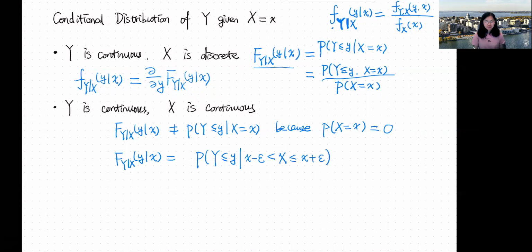But you might ask, how large do I make this positive number? Well, in fact, you do not have to choose. We can take a limit and drive this positive number to 0. And that is the definition of the conditional CDF when both Y and X are continuous.